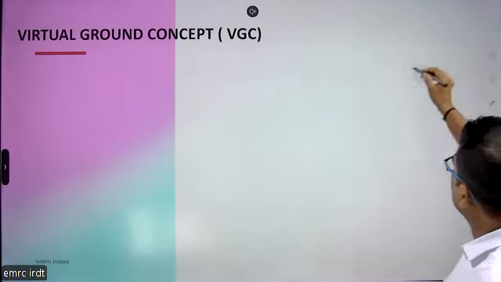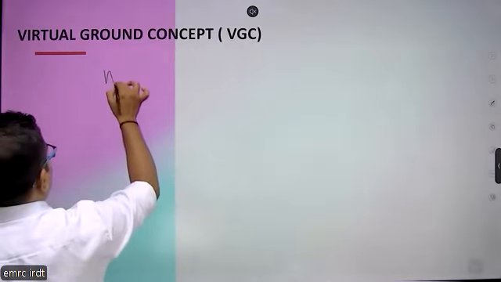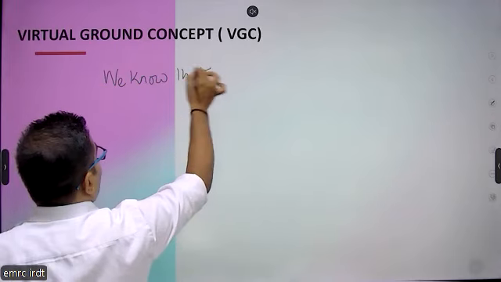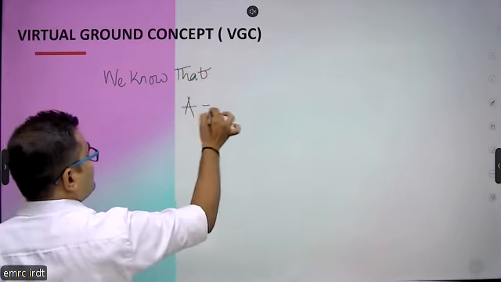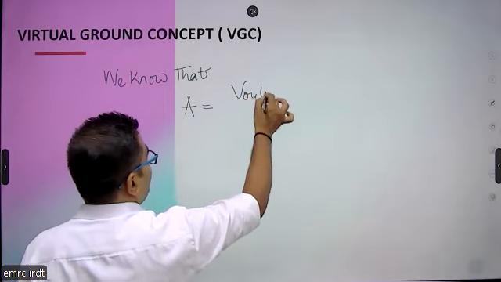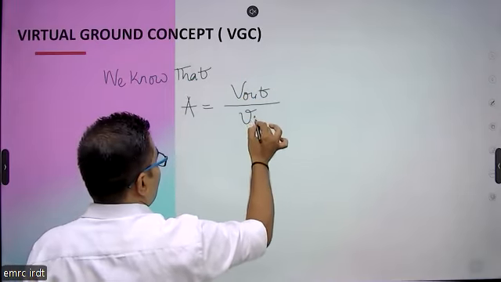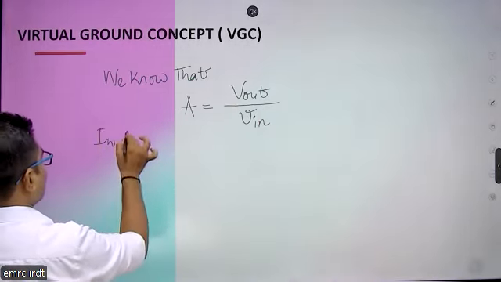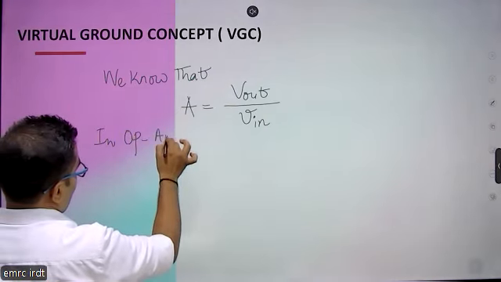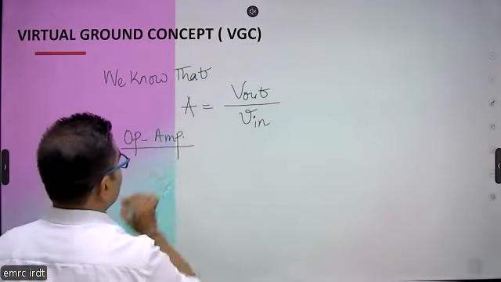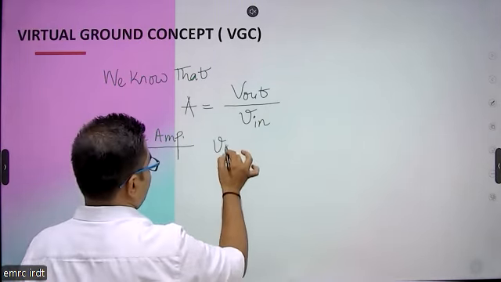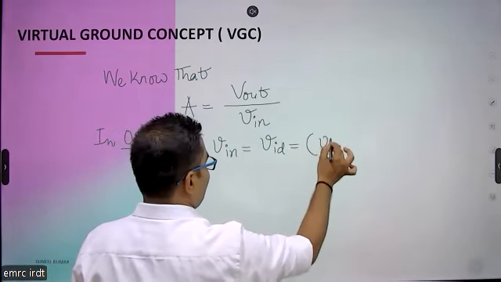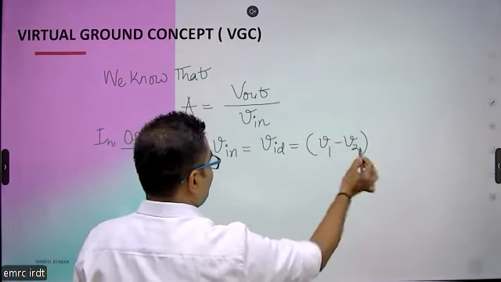Basically, we know that gain is output divided by input. In an op-amp, the input is the difference of the voltages, VID, which we can write as V1 minus V2.